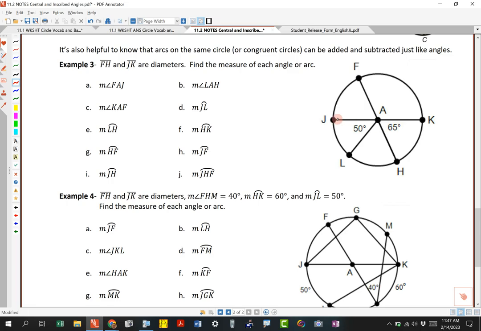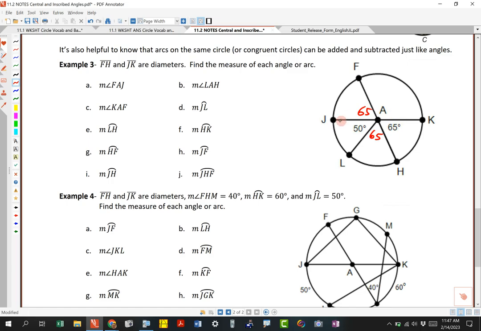Okay, so if that's a diameter, and this is 65, and this is 50, that makes 115 altogether. So that makes this 65. This one's 65 because it's vertical. And can somebody tell me what this one is? A couple ways to do it.